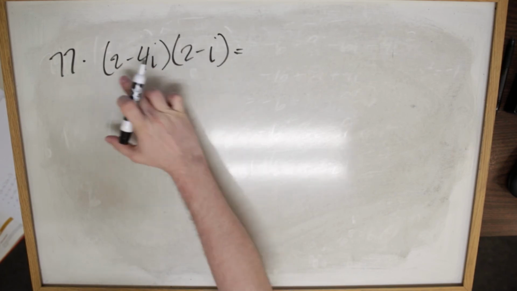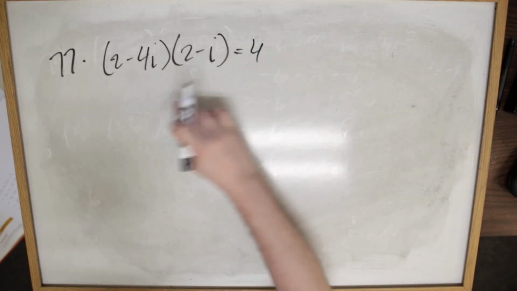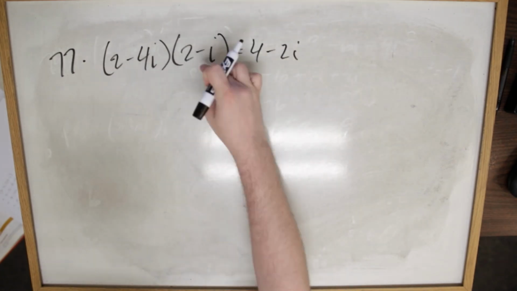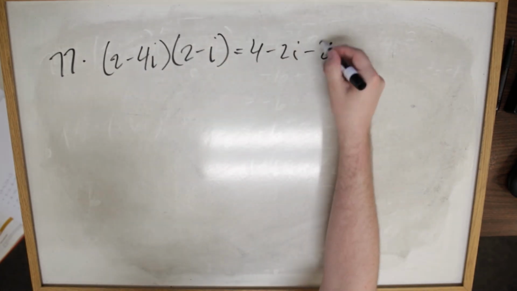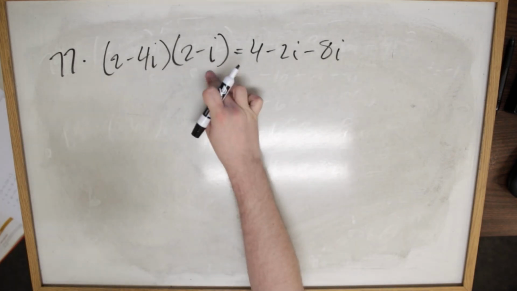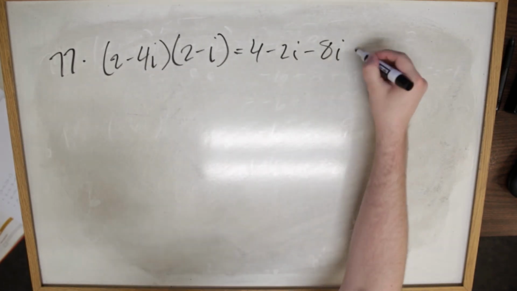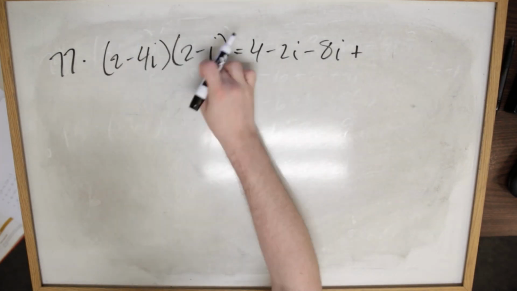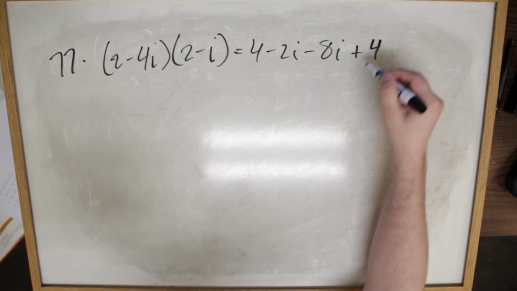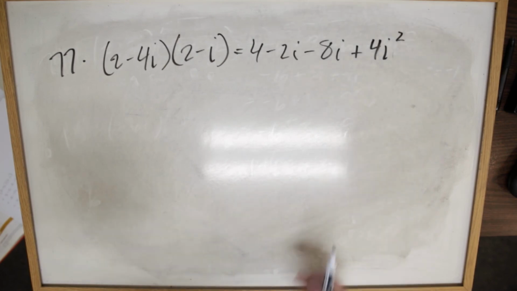FOIL this. So first, 2 times 2 is 4. Outside, 2 times minus i is minus 2i. Inside is minus 4i times 2, which is minus 8i. Last, minus 4i times minus i. That's going to be a plus, because the minus signs make it positive. 4i squared.